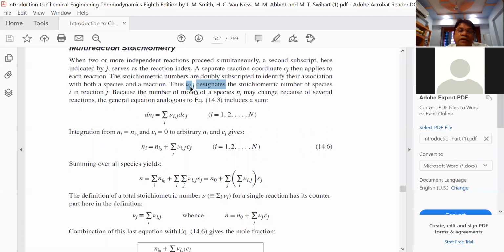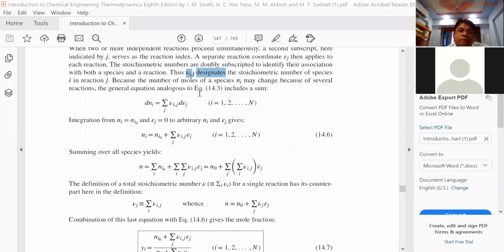So the first suffix i will represent species like H2O, CH4, CO2, etc. And j will represent the reaction number, whether the species appears in reaction 1, reaction 2, reaction 3, like this. So you can have a matrix of i species and j reactions. And all else is the same, we just have to replace ν_i with ν_ij.